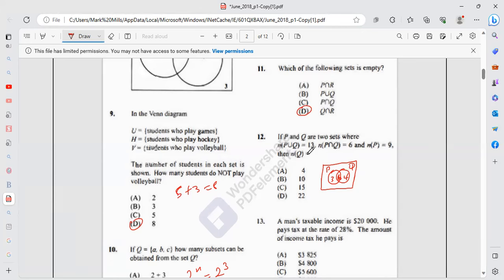Now they ask how many elements are in Q? Q means 6 plus 4, which gives me 10. Everybody understand that? Moving on.